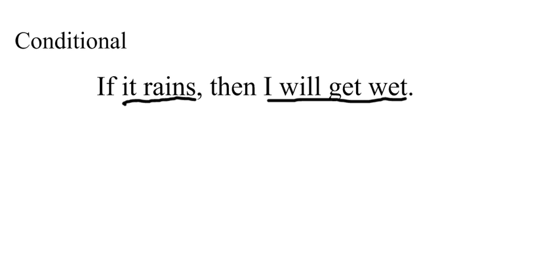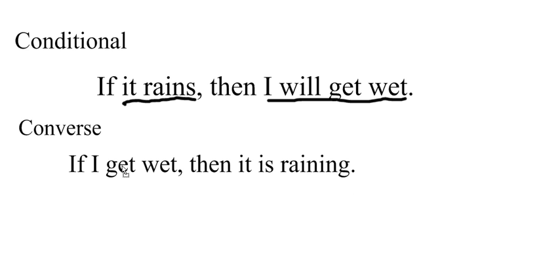If our conditional was if it rains, then I get wet, the converse will be if I get wet, then it is raining. Notice I don't have to say word for word what the hypothesis and conclusion were when I do the converse, but the ideas are what is switched. Now our condition is what used to be our conclusion, and our new conclusion is the condition. Oftentimes the conditional may be true and the converse may not be true.